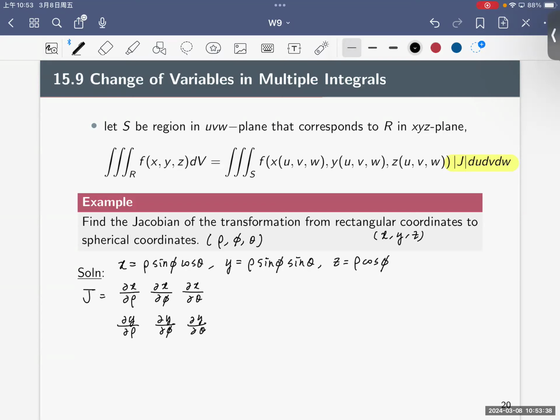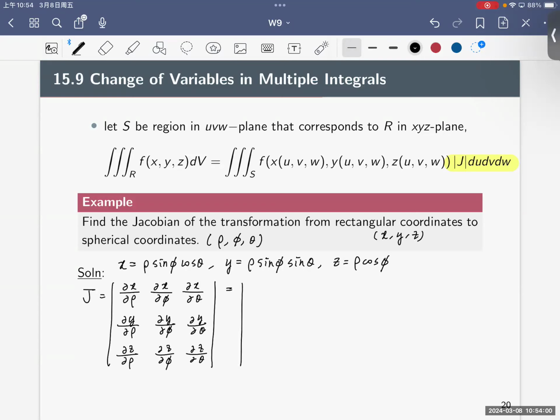And last row, everything of z: partial z partial rho, partial z partial phi, partial z partial theta, inside the two long bars. So I need to find these 9 partial derivatives.